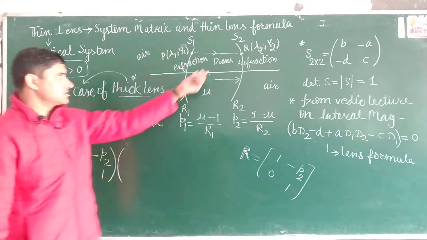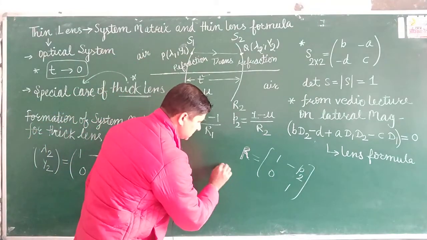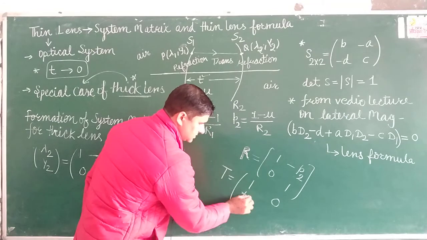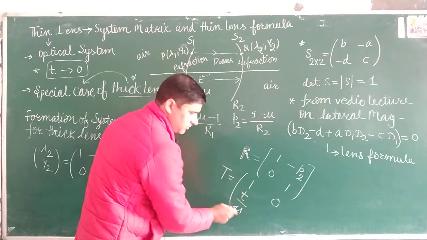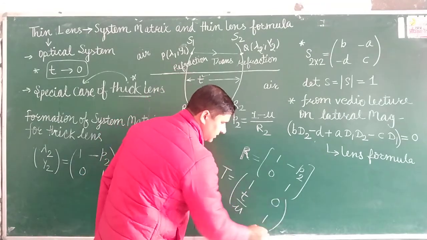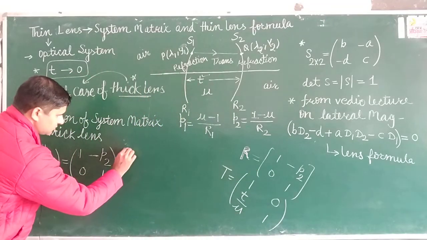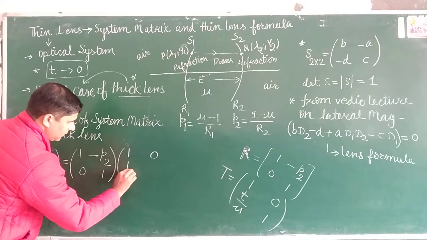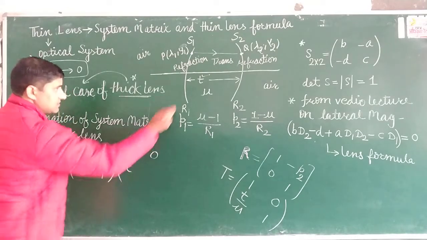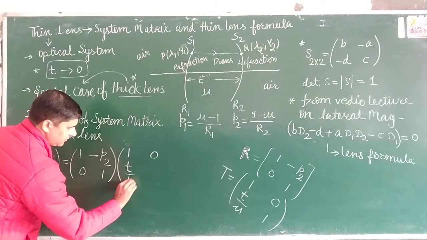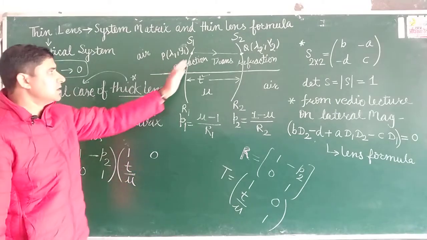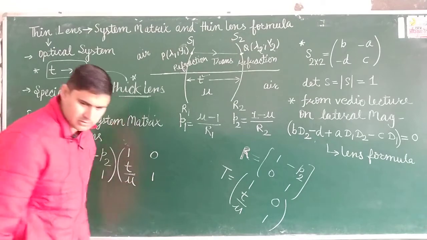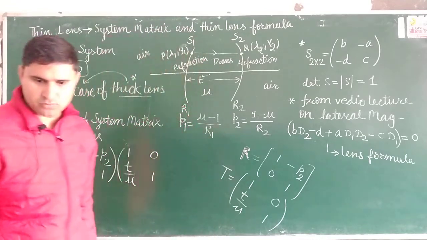Then there is translation, and you know the translation matrix is given by 1 0 t. T is the distance of translation, and mu is the refractive index, and then 1. So if you substitute these values here, you will get 1 0, and the distance of translation, that is t, and the refractive index of the medium in which translation occurs, that is mu, and here the 2 cross 2 element is 1.